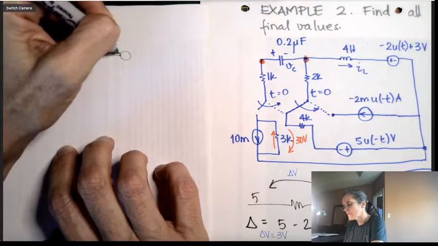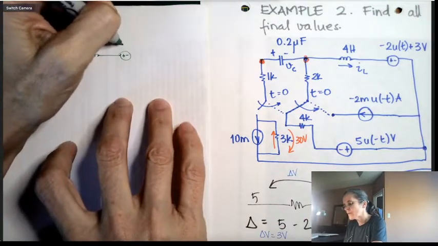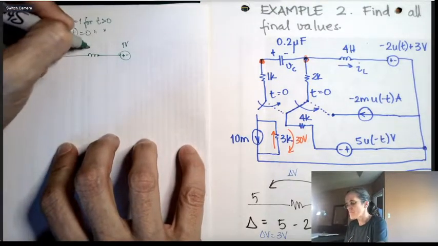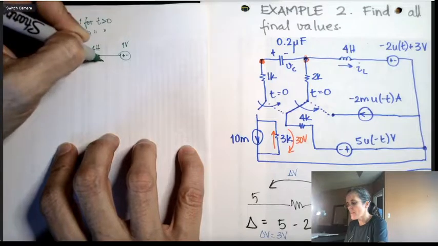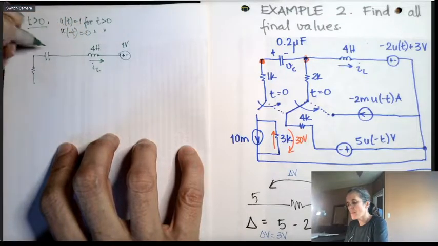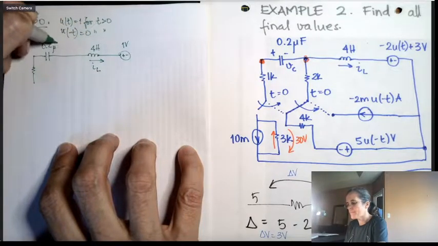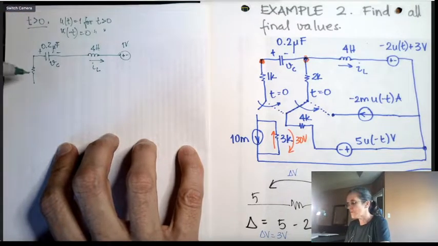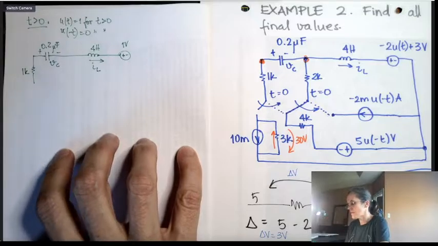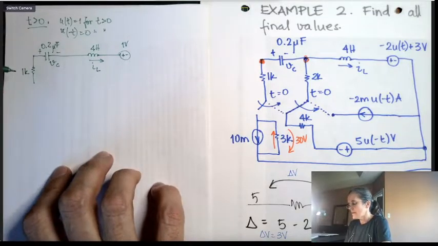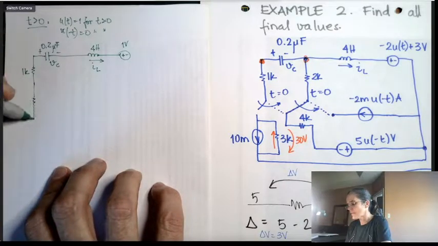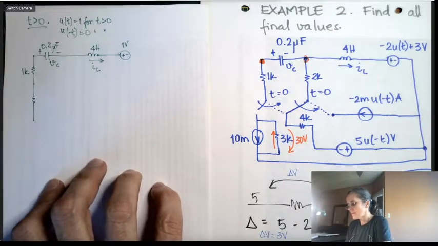And now this power supply here is only 1 volt, because it's minus 2 plus 3. And this will be the voltage across the capacitor. And this goes to the 4K and to ground.